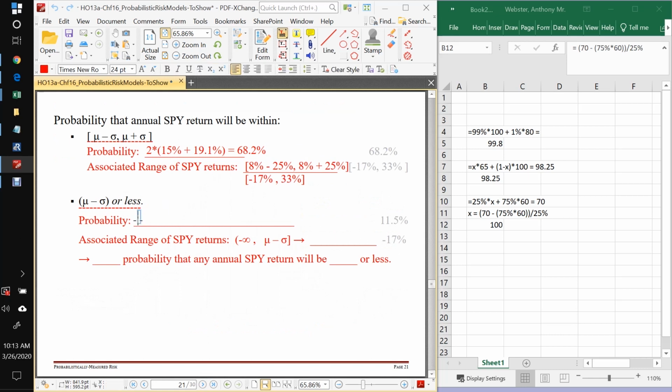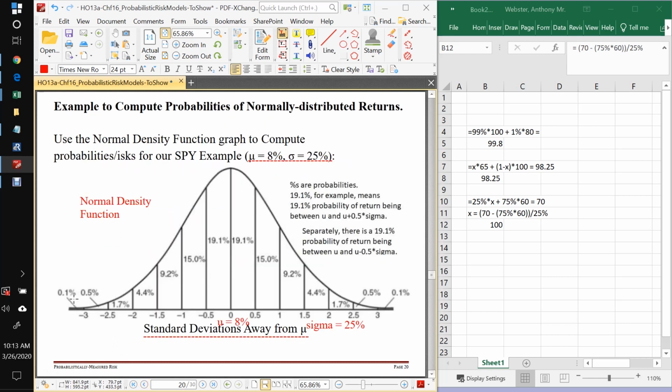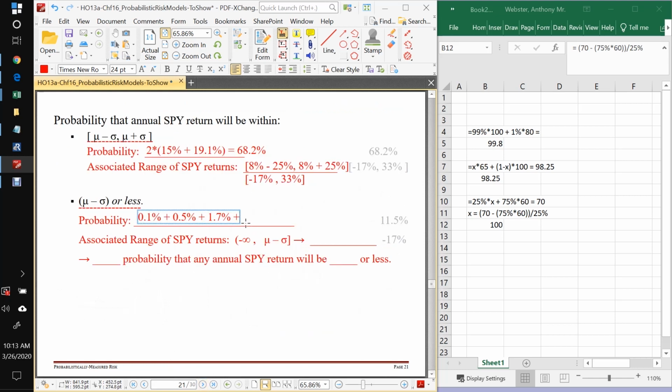So that's going to be equal to 0.1% plus 0.5% plus 1.7% plus, now I need to look back, 4.4 and 9.2. Okay, so 4.4 plus 9.2%, and if you work that out, you should get 11.5%.